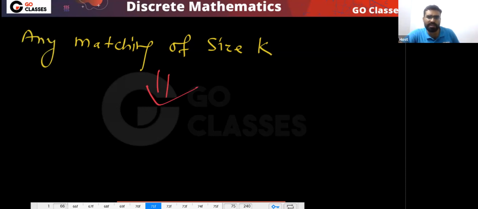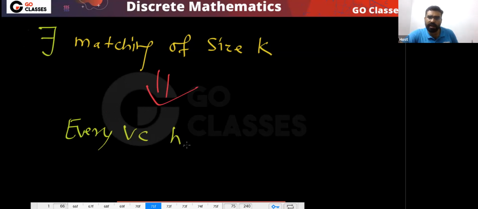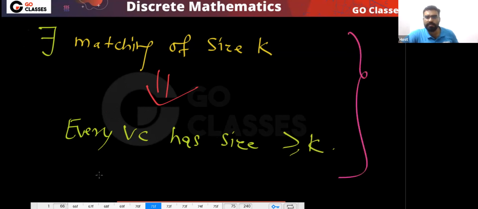If there exists a matching of size K, it means every vertex cover must have size greater than or equal to K. Okay, so this is the idea. If there exists a matching of size K, then every vertex cover will have size greater than or equal to K.